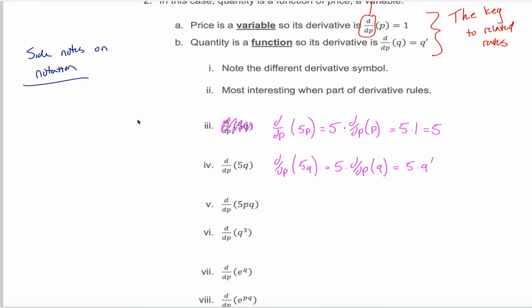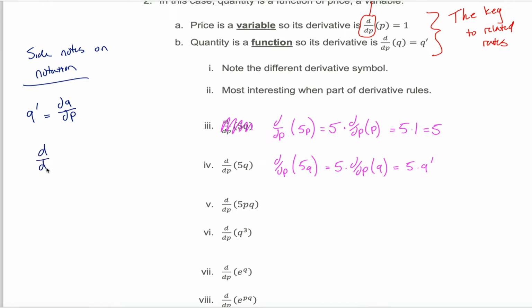At the risk of confusing you, I want to make a couple comments about notation. Instead of writing q prime, some people write dq over dp. It means the exact same thing. I prefer this notation. It's just less symbols to write, but there are some advantages to this notation. This just means the derivative of this function q. But look what happens if you treat this d over dp thing as a fraction.